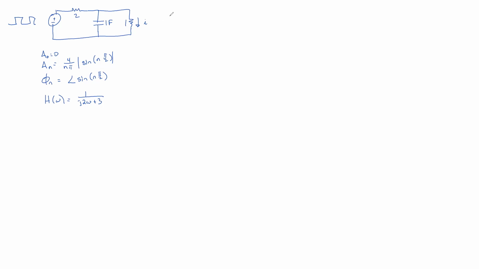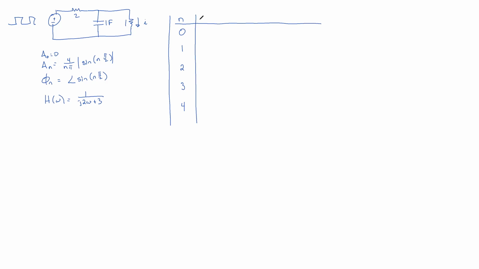So for some reason, I've noticed that cadets do not like to draw this table. And I really strongly advise you to do so. My first column is the harmonic we're looking for.